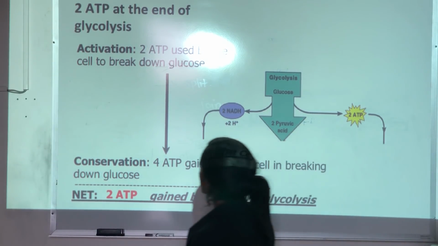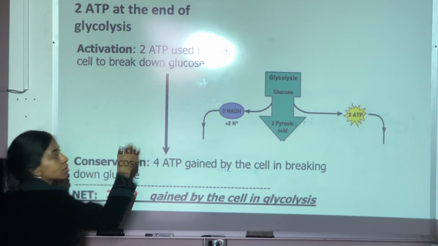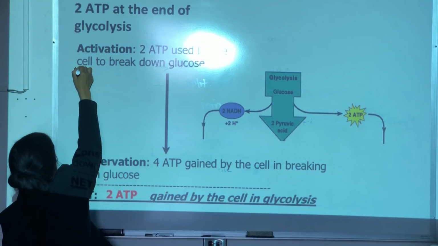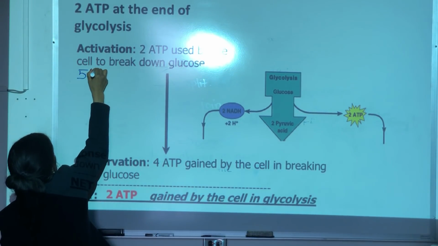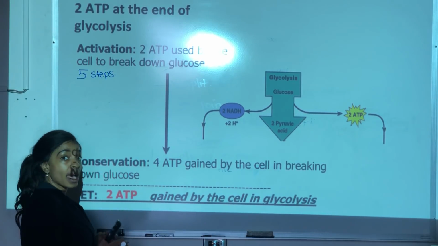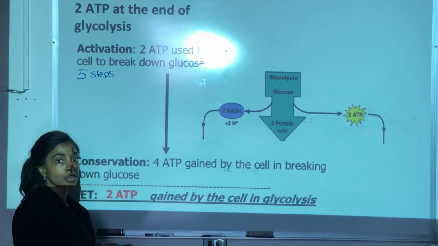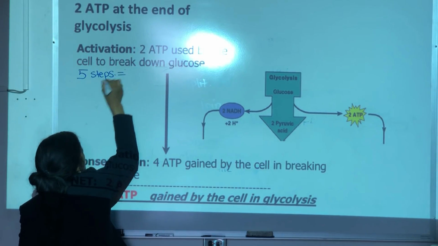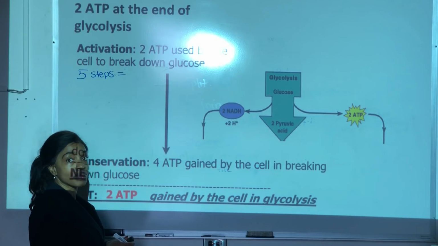In the beginning of glycolysis, remember, glycolysis is how many steps? Yes, a total of 10, all right? So the activation or preparation stage will be 5 steps, all right? So if 5 steps, how many enzymes?